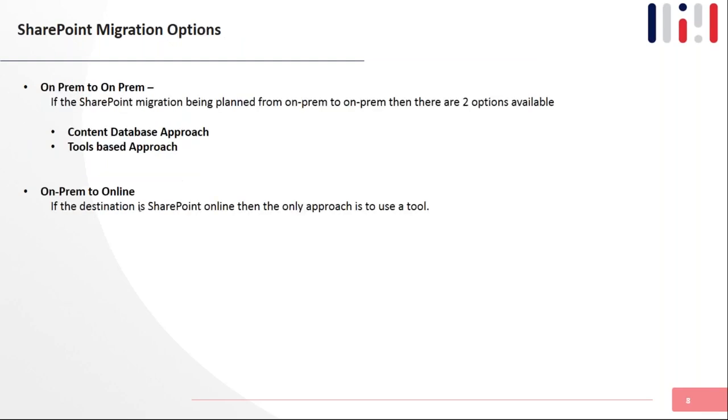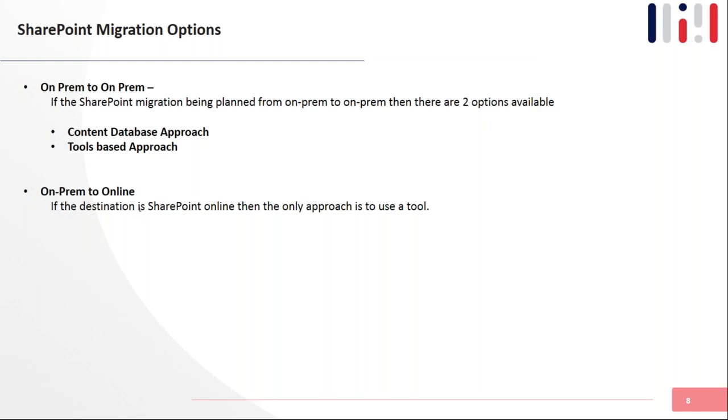Coming over to the options, I'll briefly discuss what our options are. For on-premise to on-premise, we have 2 options as I discussed earlier. You could use the content database restore approach, which is straightforward. You take a backup of all the databases and restore it to the destination environment. In case the higher environment is not the immediate one, then you need to use an intermediary.